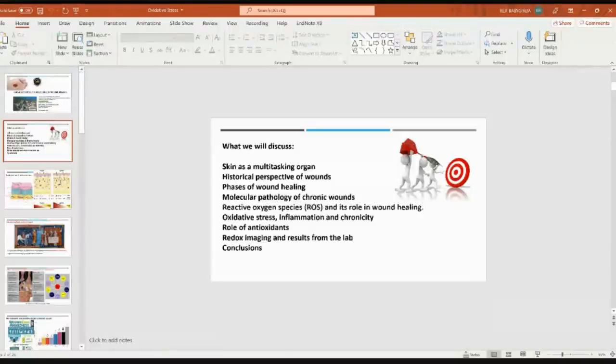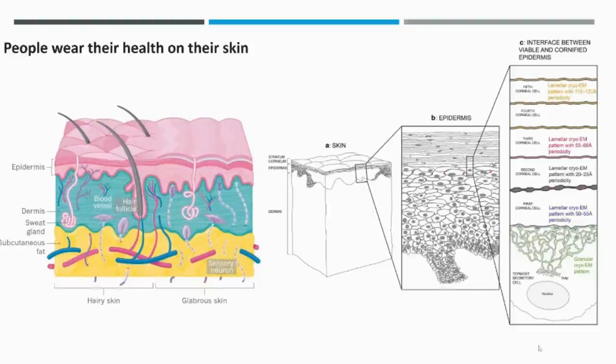My lab has done extensive work on something known as redox imaging, which works around the domain of free radical mechanisms and oxidative stress. I will share some results from redox imaging, especially with wound healing. At the same time, I will share some results using another animal model of neurodegeneration as well, which is known as retinitis pigmentosa.